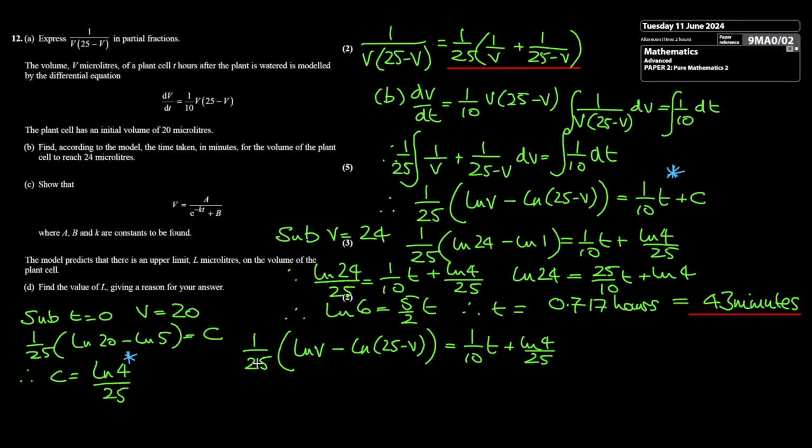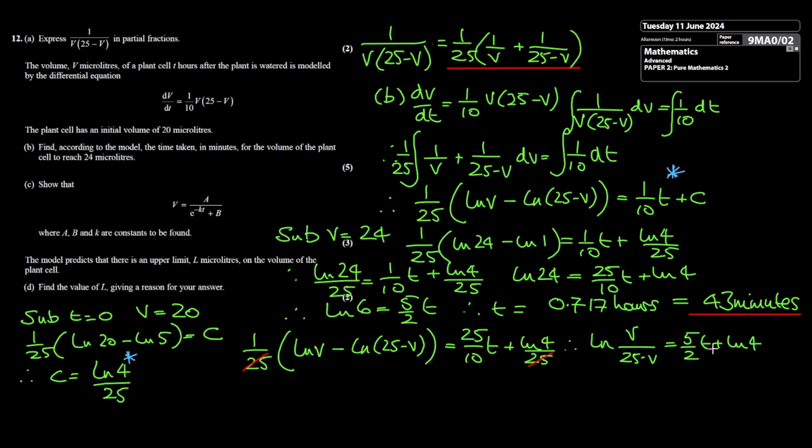So the first thing I'm going to do again is multiply through by 25. So this goes, and I get 25 on the top there. So therefore I can put these two ln terms together into V over 25 minus V, and on the right hand side I've got 5 over 2 t plus ln 4.